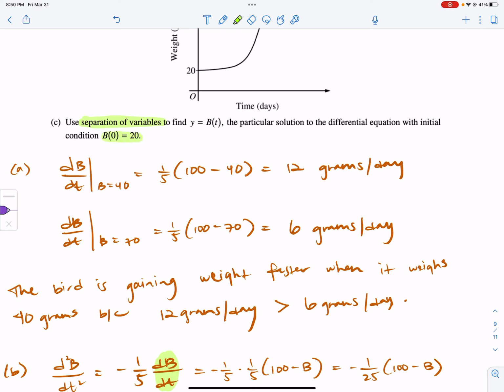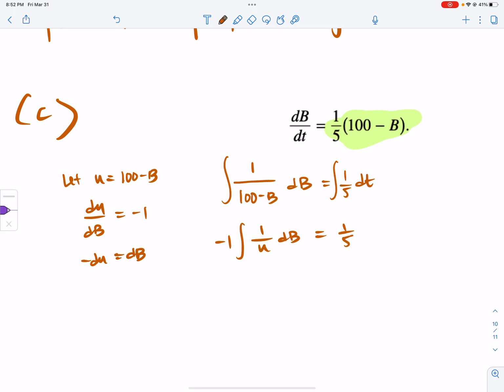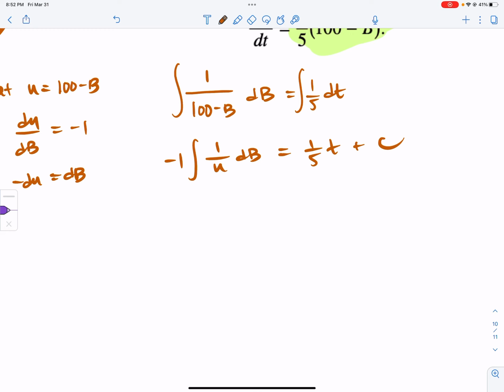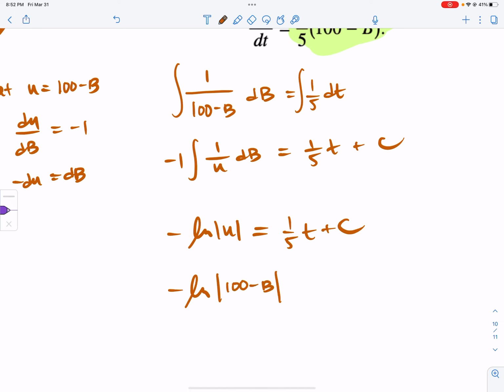Rewriting the integral as -1 times the integral of 1 over u dB, the right-hand side will just be 1/5 t plus C. Make sure your t's and your pluses look different. Integrating the left-hand side, that'll be negative ln of the absolute value of u, and then substituting 100 minus B back in.